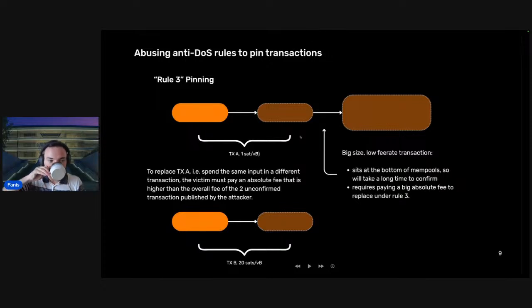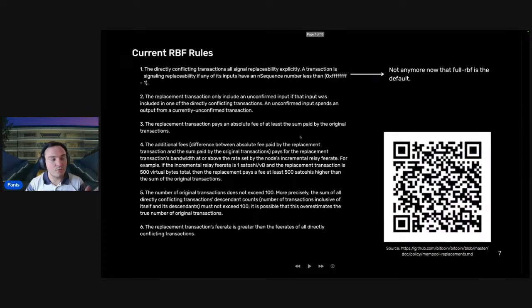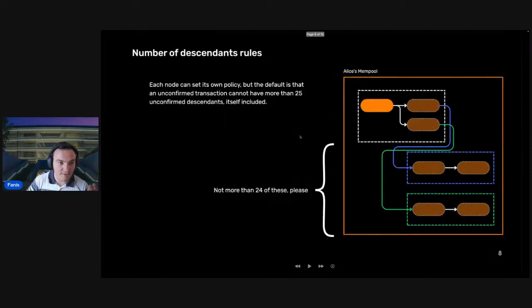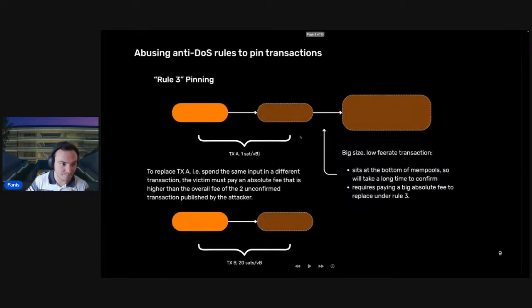Now we'll see how these rules can be abused in order to pin transactions. These rules were put in place in order to protect the network against some kind of denial of service attacks. But because these rules are quite strict, an attacker can use them to prevent a target from increasing the fees of their transactions.